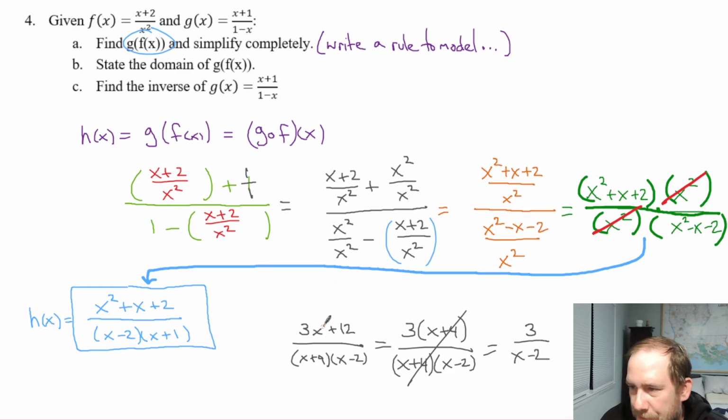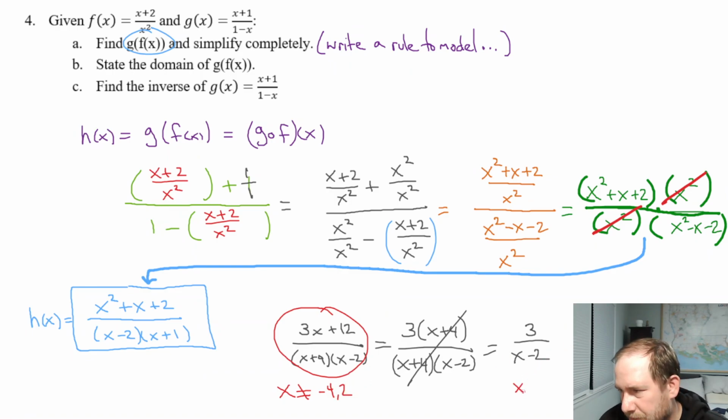Well, don't forget, in the original expression, it's quite clear that x cannot be negative 4 or 2. Over here, it's clear that x cannot be 2, but we've lost the fact that x can't be negative 4. For this expression to be equivalent to the first expression, we need for this guy still to be undefined at x equals negative 4. So technically, in your simplified expression, you should have some little stipulation saying, hey, by the way, don't let x be negative 4.